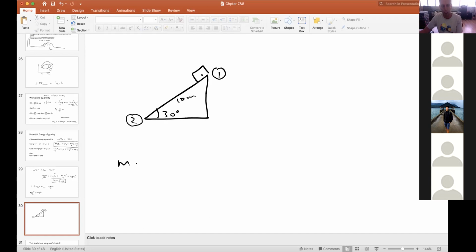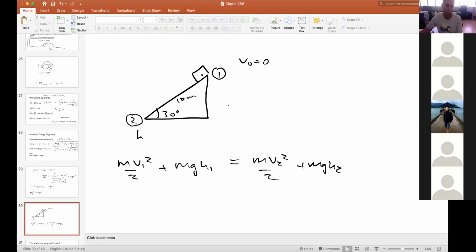What I write down is mv1 squared over 2 plus mgh1 is equal to mv2 squared over 2 plus mgh2. Now, I know that v initial is 0. I'm going to call this v1 actually, it starts from rest. I know that height 2 is 0, but what is height 1?